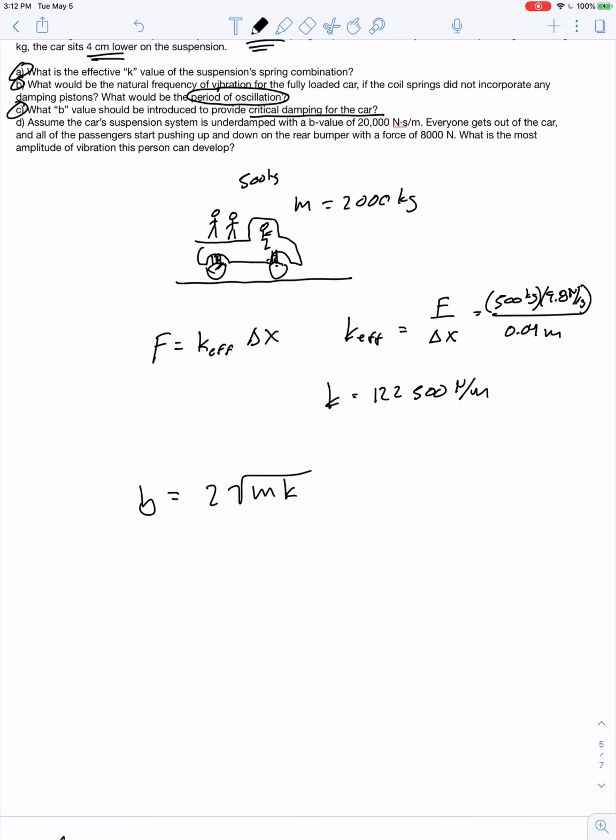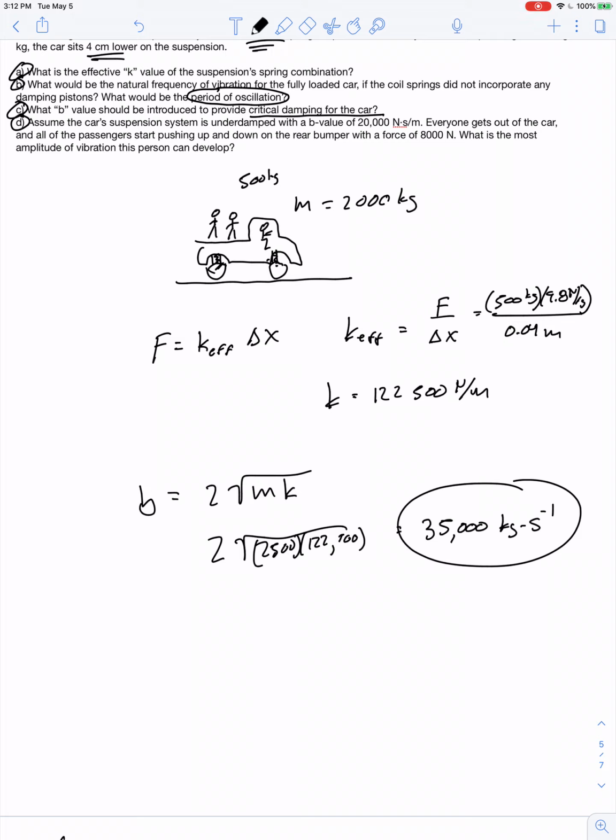So with the car fully loaded, the B value would have to be 2 times the square root of 2,500 multiplied by 122,500, which gives a value of 35,000 kilograms seconds to the -1.